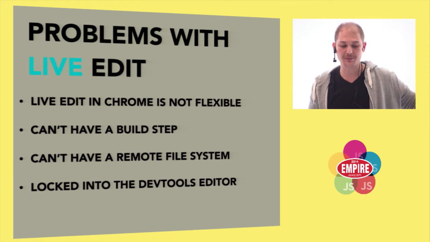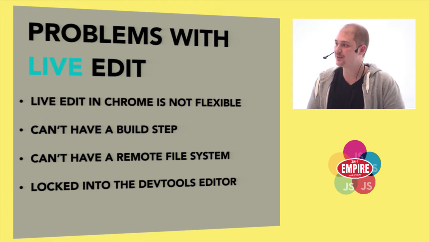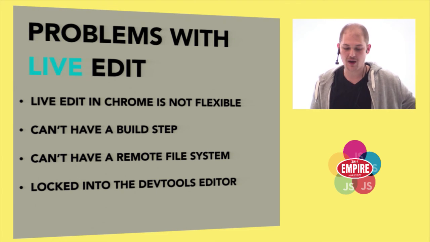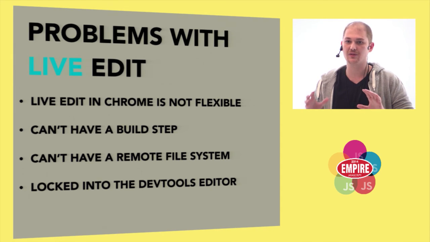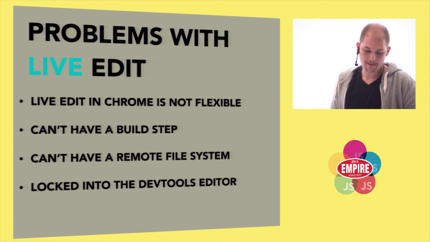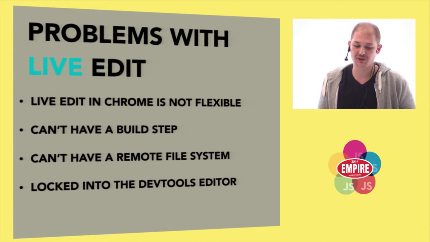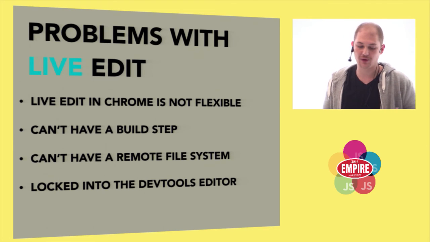Using Chrome workspaces, you can map resources to the file system, but it doesn't really support remote file systems. The idea behind workspaces is that you can use DevTools as your primary IDE to be able to do live editing. You also have to always work in Chrome DevTools, and you can't get all the goodness from your favorite editor.